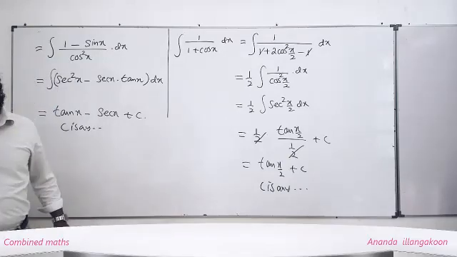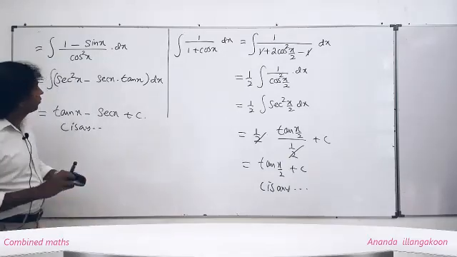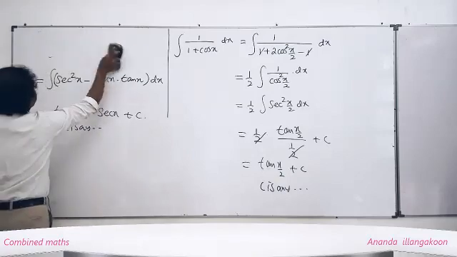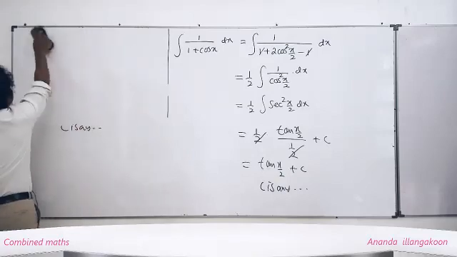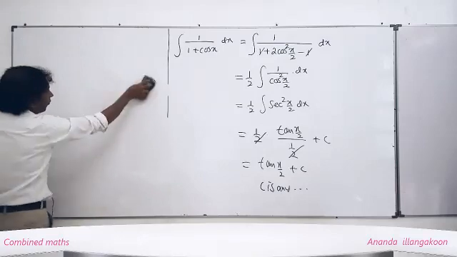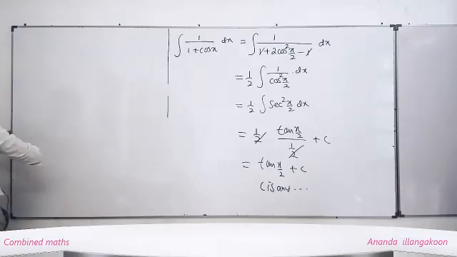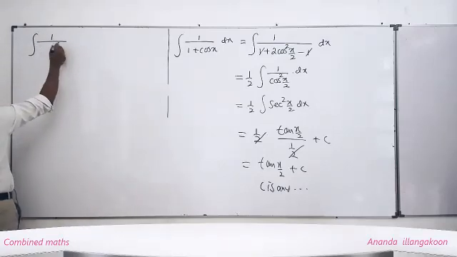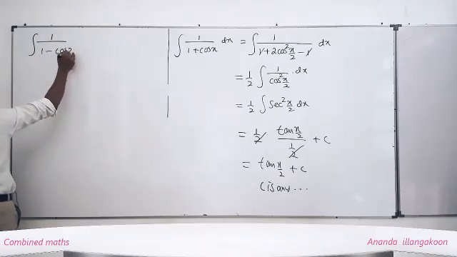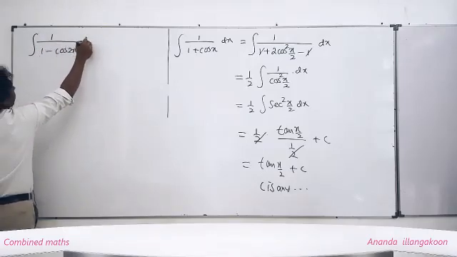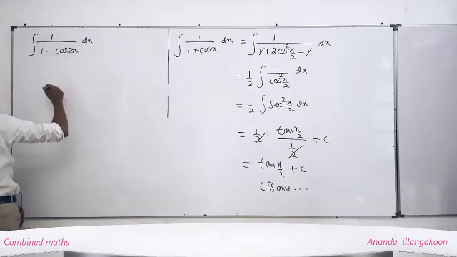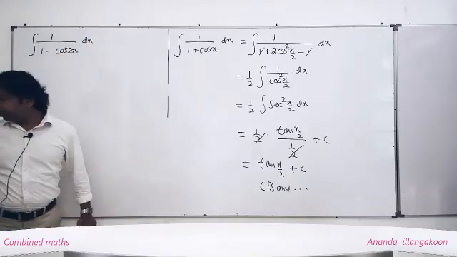Right, next one: integral 1 upon 1 minus cos 2x dx. Take this.